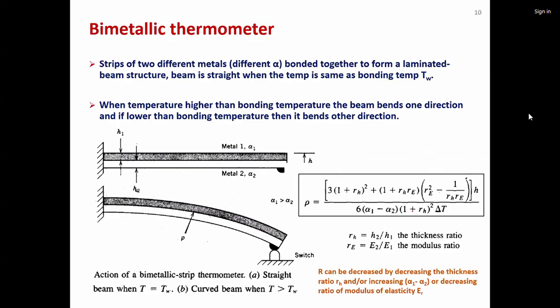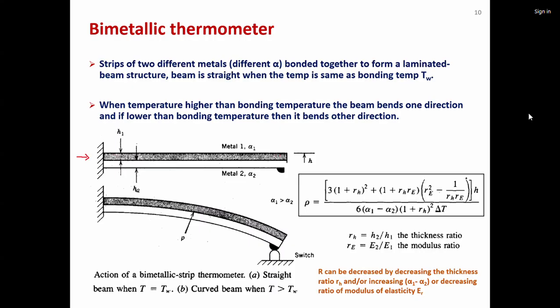Then another method that you can choose to measure temperature is called the bimetallic thermometer. It is called bimetallic because typically you have two different metals bonded together, something like this that you see in this picture here.